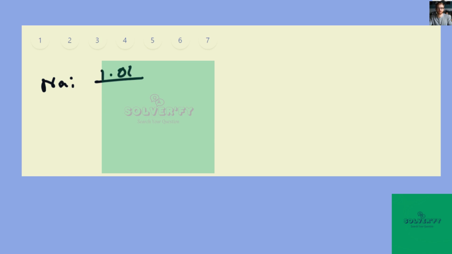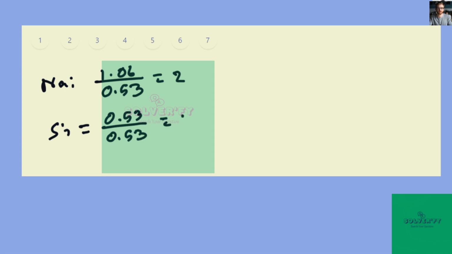And for fluorine, it will be 3.19 over 0.53, which gives us a value of 6.02, or approximately 6.